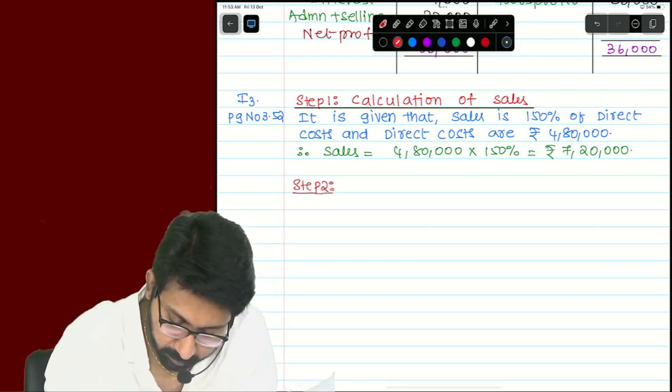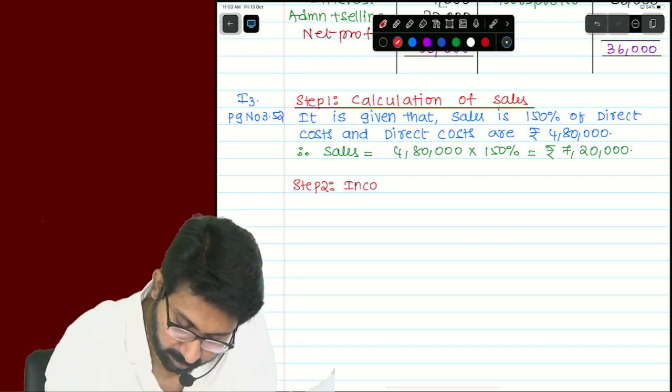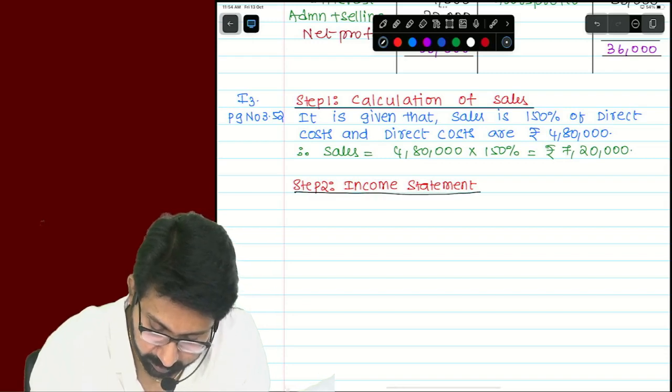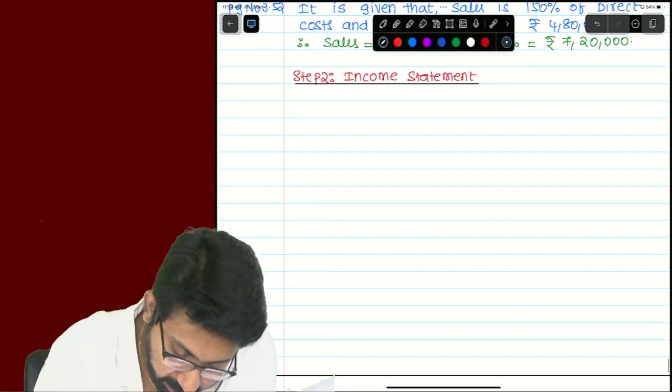Step 2: Income statement. Properly write down the income statement.